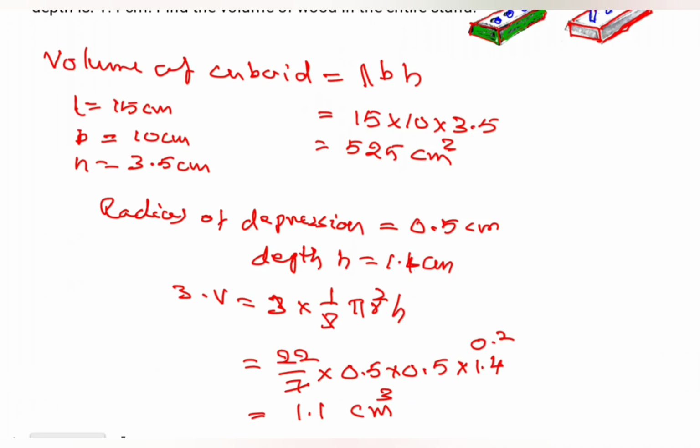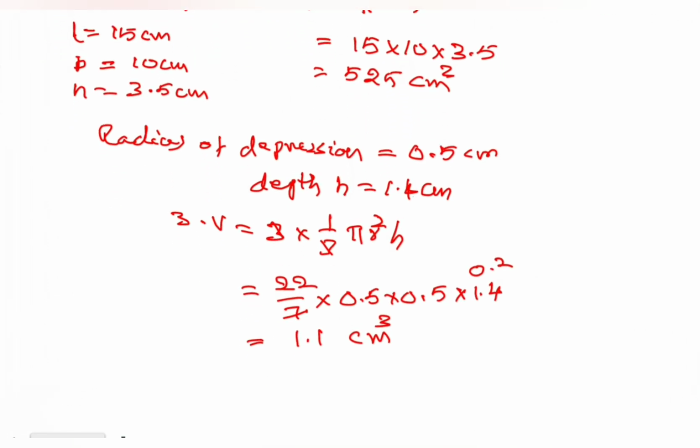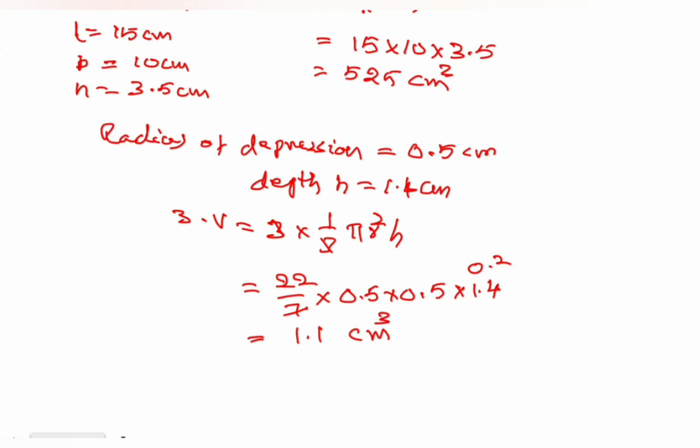This is the 3 depressions volume, 1.1 centimeter cube, and the cuboid volume we already found, 525 centimeter cube.